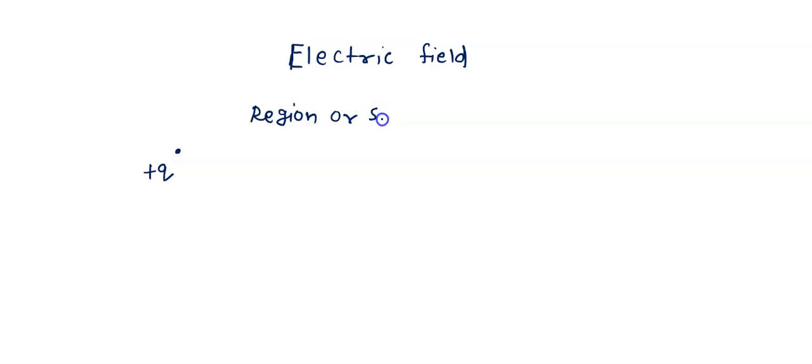So see, when we talk about electric field, do remember that around any charge, suppose this is the charge plus Q, around any charge there is a region or a space in which the influence of the charge can be experienced.